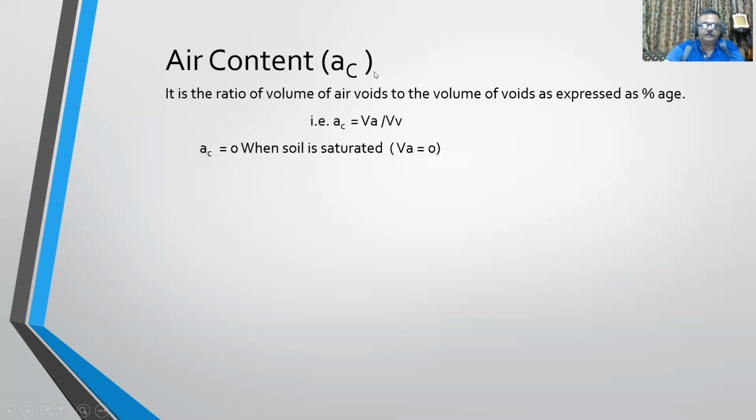Now air content, it is denoted by AC. It is the ratio of volume of air voids to the volume of voids, expressed as a percentage. So this is the formula of air content. Air content is 0 when the soil is fully saturated. We have to calculate the value of air content when the soil is dry or partially saturated.